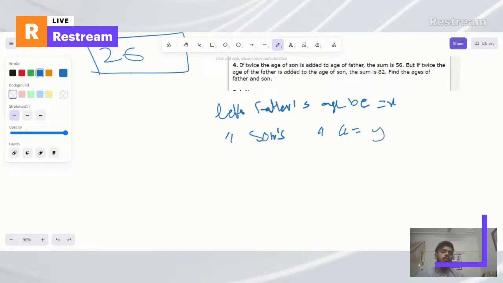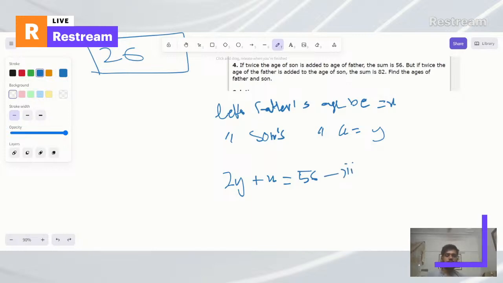So what they're saying in the first part is, if twice the age of son is added to the age of father, the sum is 56. So the first equation would be 2y, twice the age of son, added to the age of father, so plus x, the sum would be 56.